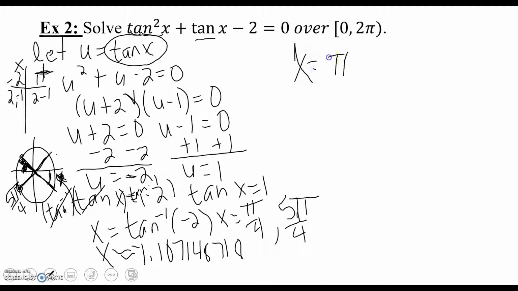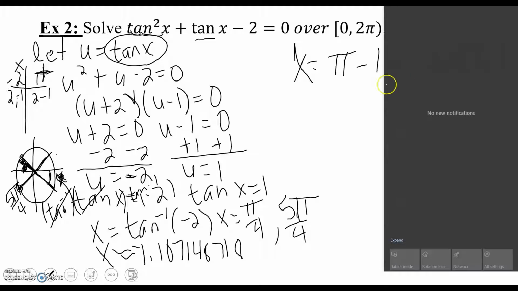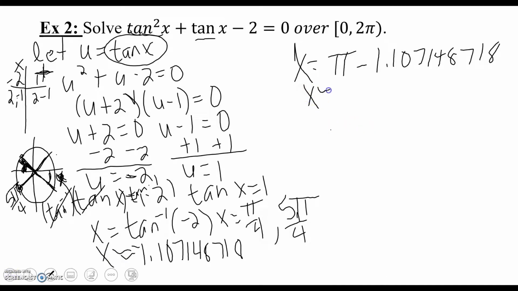So we would do pi minus 1.107148718, and that will give us our second angle. All right. So you can add pi to it and you get approximately 2.034443936. And so you actually end up getting 4 answers for this problem.